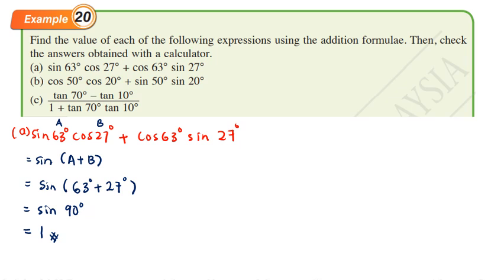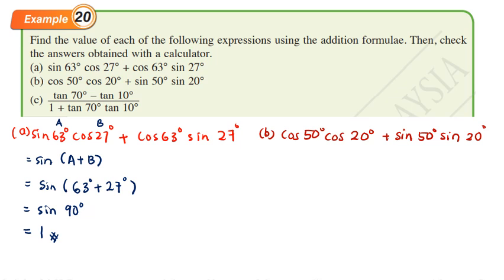And for B, okay, cos 50 cos 20 degree plus sin 50 sin 20. So you can refer to the formula in the textbook page 217.